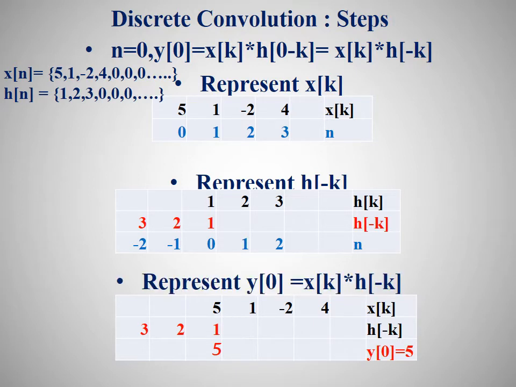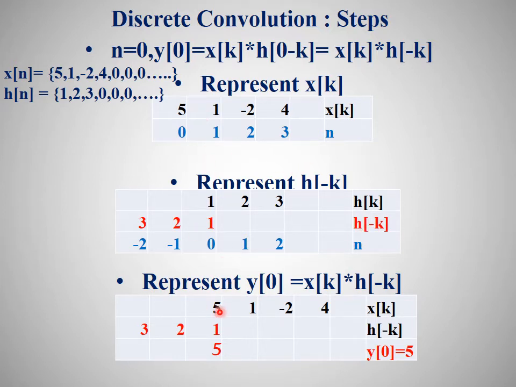What is this convolution? Let us try to now represent y of 0, which would be equal to x of k into h of minus k. So, just rewriting the steps for x of k and h of minus k, this is x of k and this is h of minus k.